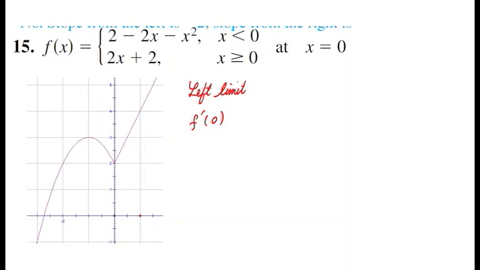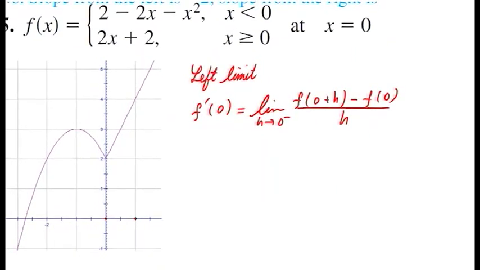I mean, we all know what the slope means, so we don't have to say slope. This thing, of course, means the limit as h approaches 0 of f of 0 plus h minus f of 0 over h, right? However, there's a little caveat. h is slightly negative. You know what I'm saying, so far with me? Yes. Okay, so we are approaching it on this side.